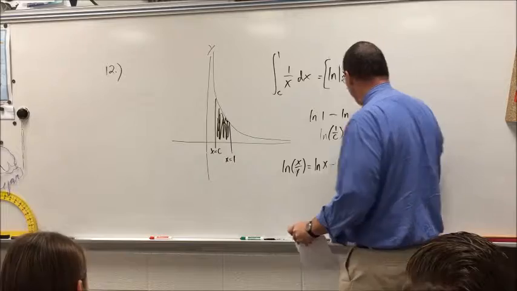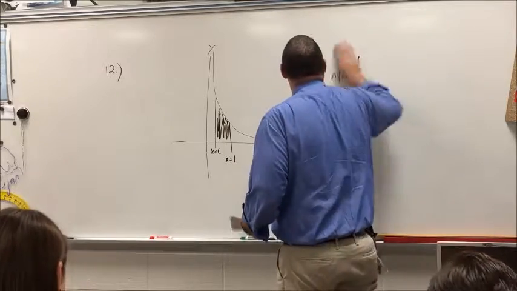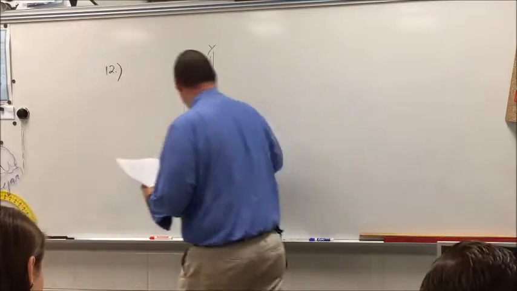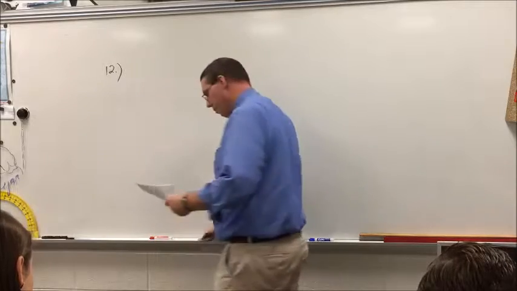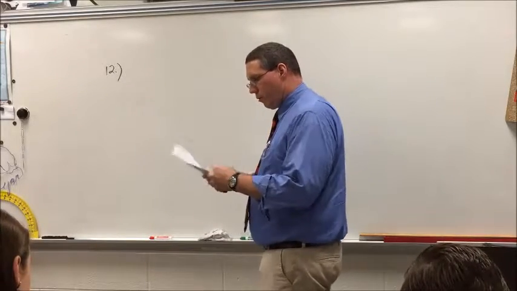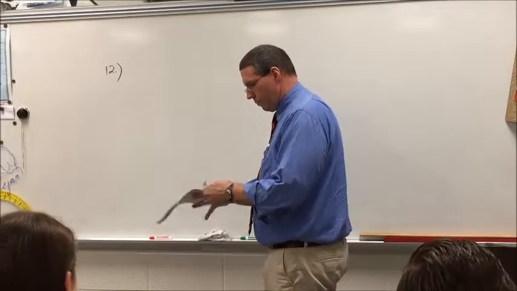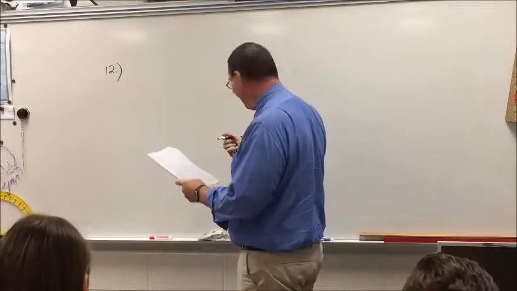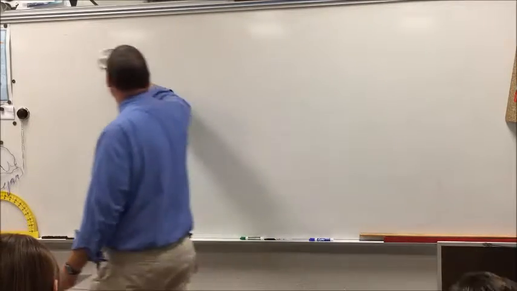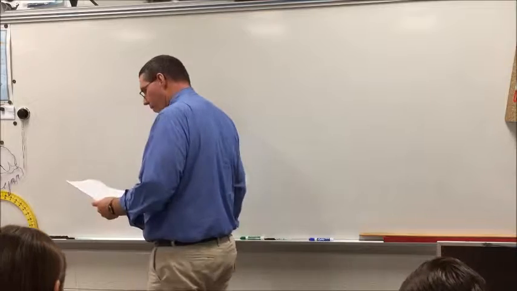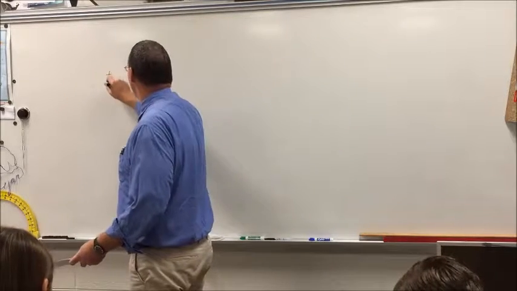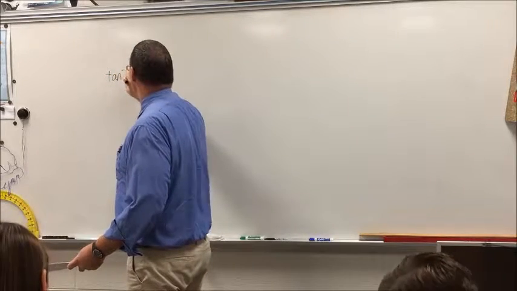Okay, let's do 13. How fast are we moving? Okay, we're doing pretty good here. All right, 13. Ooh, I got that one right. The problem with 13 is that I didn't teach you the derivative of tan inverse, so I'm going to teach you it right now.